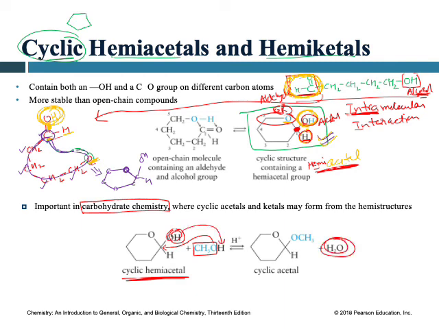So the OH and H completely react to be removed as water, and this CH3O is going to attach with this carbon. So now you will have this ether group. Now you have 1 more ether group, and the third one is hydrogen. So this is cyclic acetal, because you have 2 ether groups on the same carbon, and the third one is hydrogen. This is cyclic acetal because it is a cyclic compound, right?